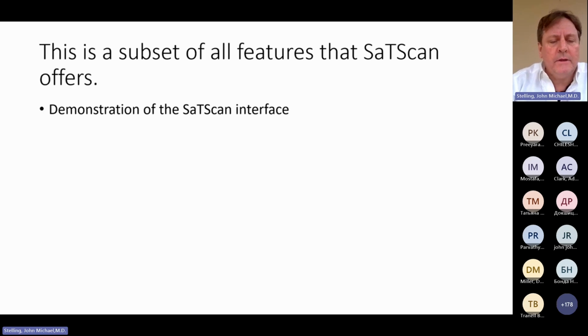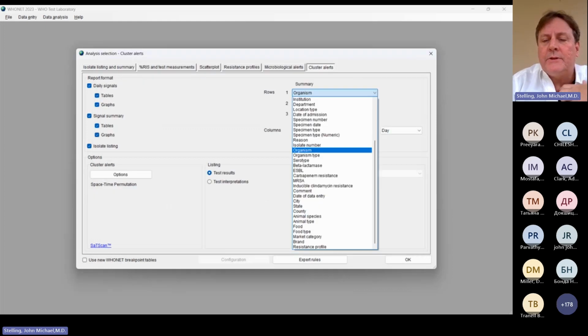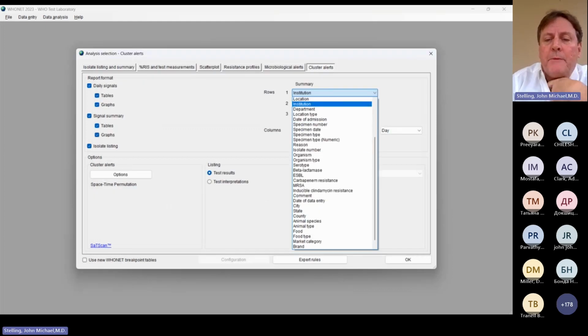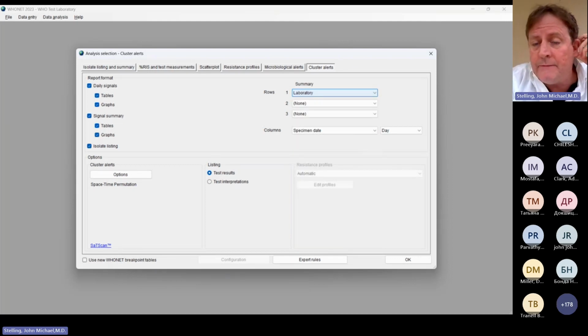Okay, good. Let me go back to organism. You can put the latitude and longitude, but that doesn't make any sense for organism. I showed you that I can choose the variable. So for example, for my row variable, I can put the patient's home location, if I have that, and I have the GPS coordinates. Or I do have the location of the laboratory.